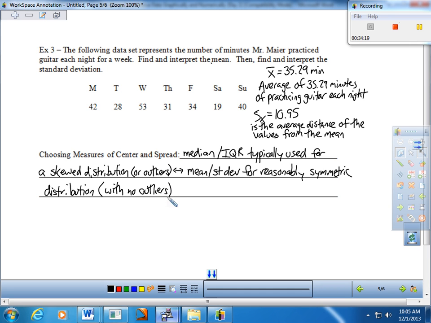Oh, that looks great. Okay, so center and spread, everybody.